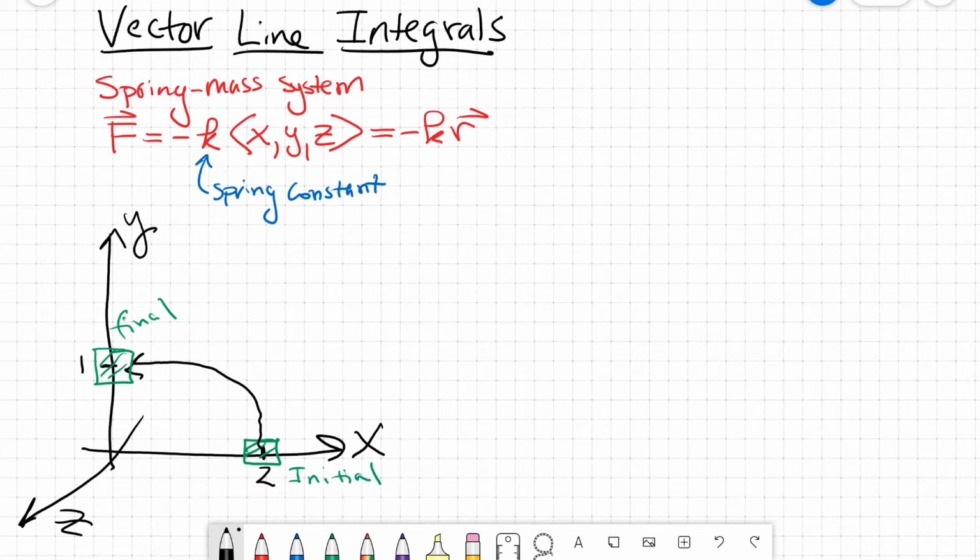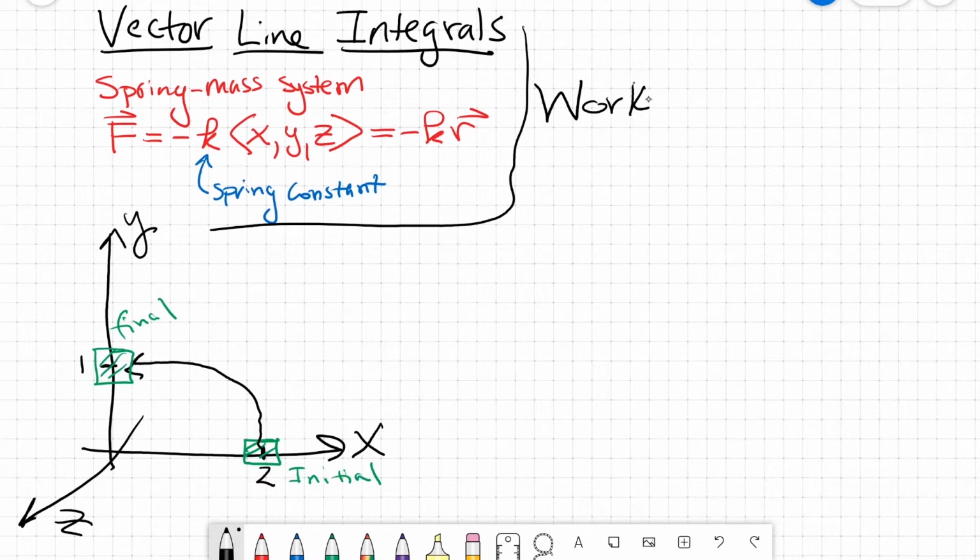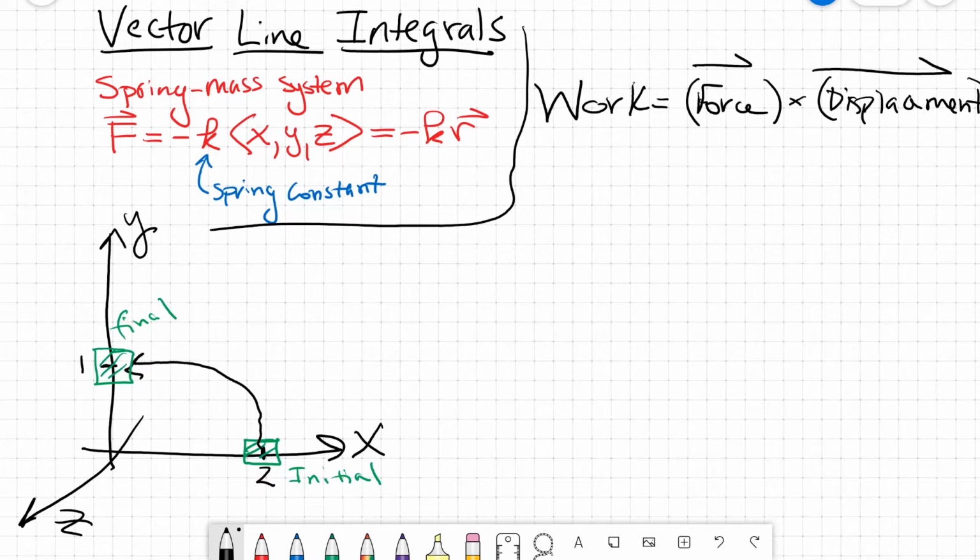We would like to know the amount of work that this spring does on the mass as it's swinging in this elliptical orbit. We know that the work is equal to the force times the displacement. But force is a vector and so is displacement. So this multiplication is actually the dot product between these two vectors. So what can we put in for force and displacement?